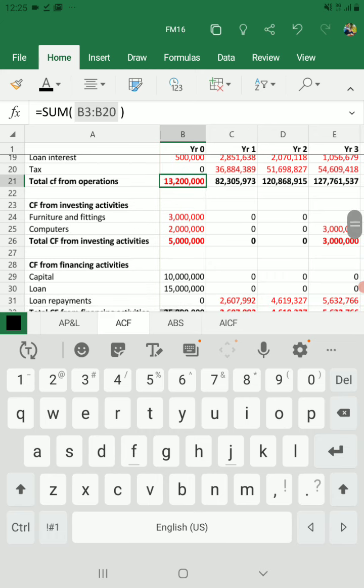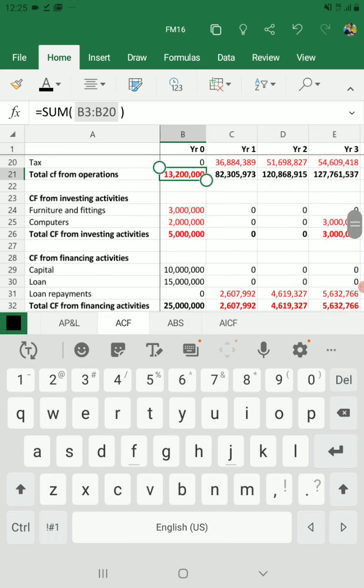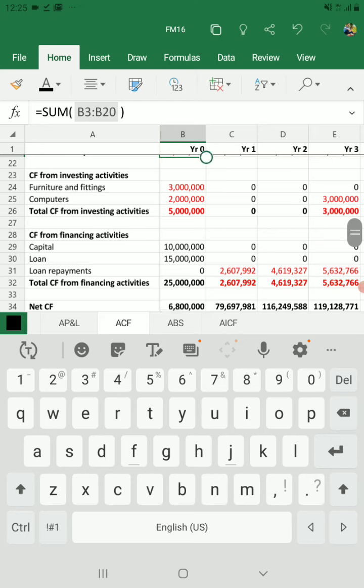Okay, that is funding for fixed assets. So after removing these two elements, you are remaining with the cash flow that is available for providers of capital within the business, and these are the ones that are presented here in the cash flow from financing activities, where we have capital and loan.